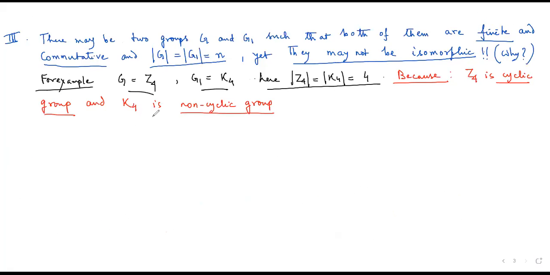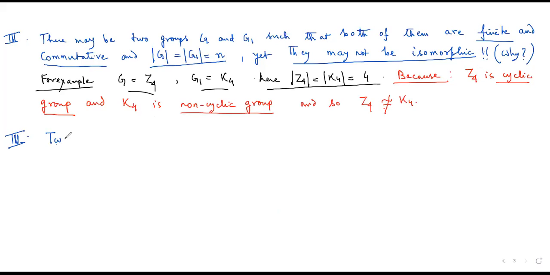So all the conditions were satisfied, but still we are not able to get the isomorphism because of this particular thing. One is cyclic and another is non-cyclic. And therefore, Z4 is non-isomorphic to Klein 4. These results are very important for examination purposes. Remember.